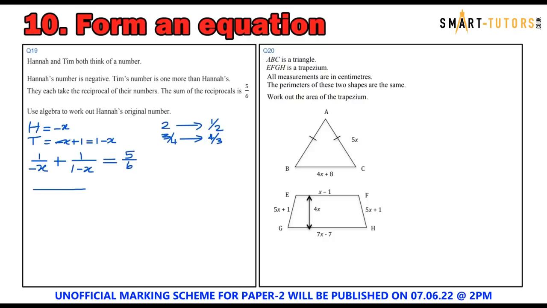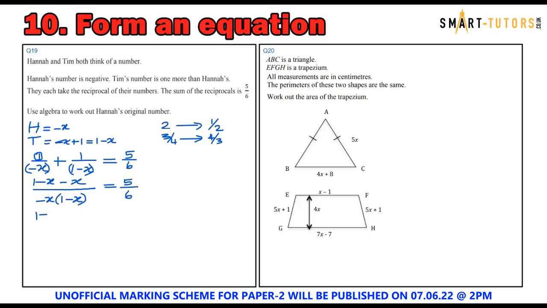Now you need to multiply minus x times 1 minus x, as algebraic fractions. You multiply the 1 minus x by the 1, which is 1 minus x, and the minus x by 1, so minus x times 1 is minus x, equal to 5 over 6.